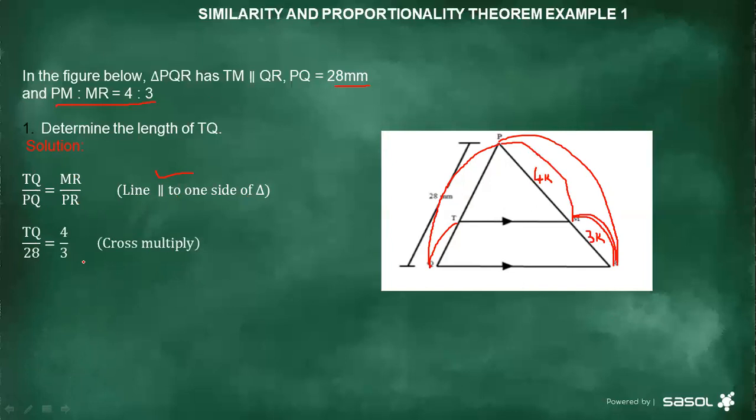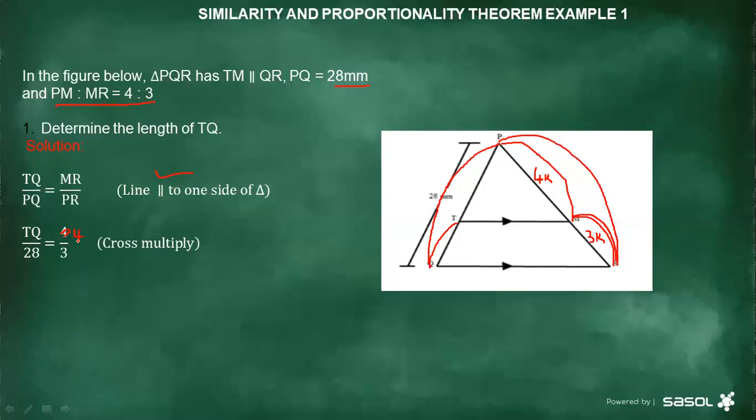Now, number 2, it says TQ, which is what we need. 28 is the actual distance. And then MR. MR is supposed to be 7, not 4. Wait. No, MR is 3. Remember, MR is 3K. So it's supposed to be 3 here, not 4. So let us try to rectify this mistake.